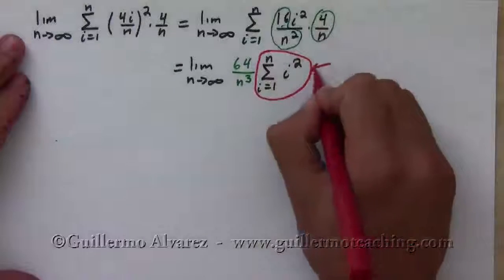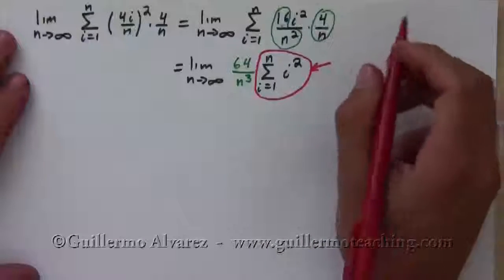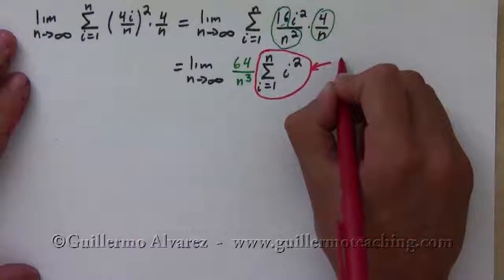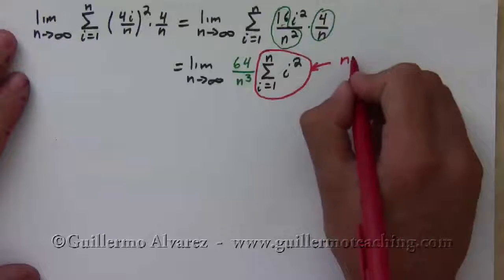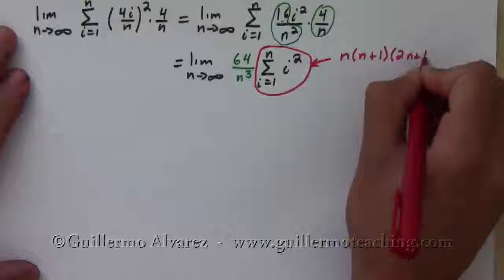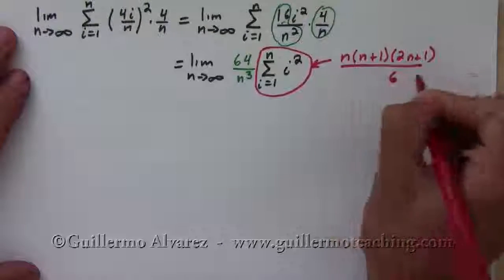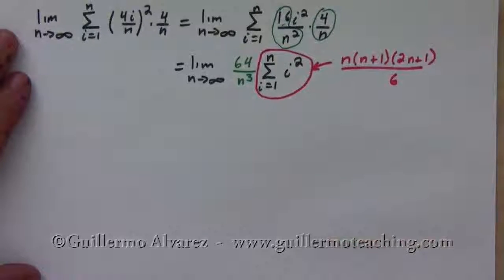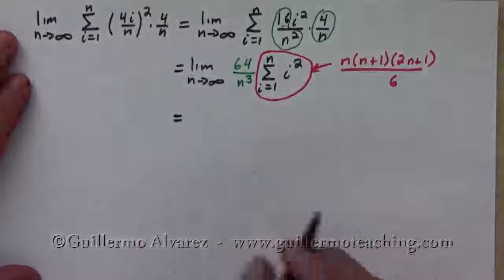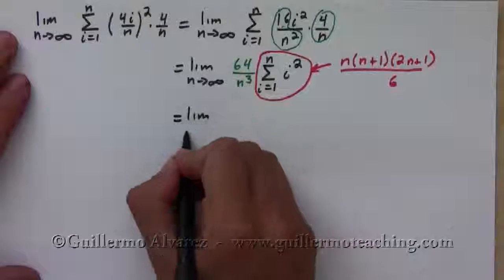We have the formula for it. It's n times n plus 1 times 2n plus 1 all over 6. And so then why don't we put that in?